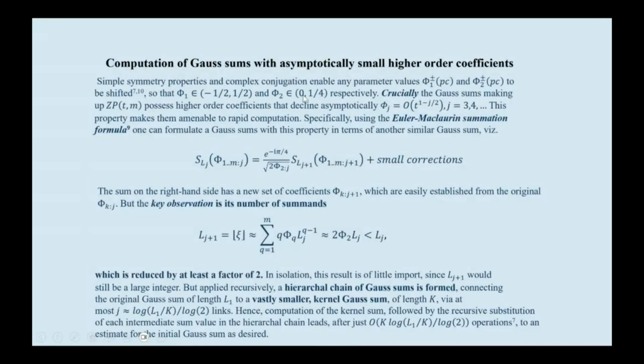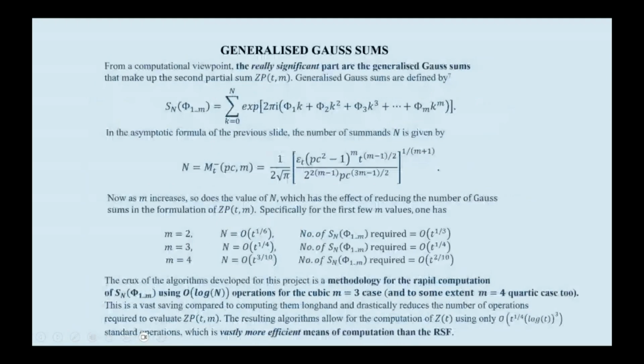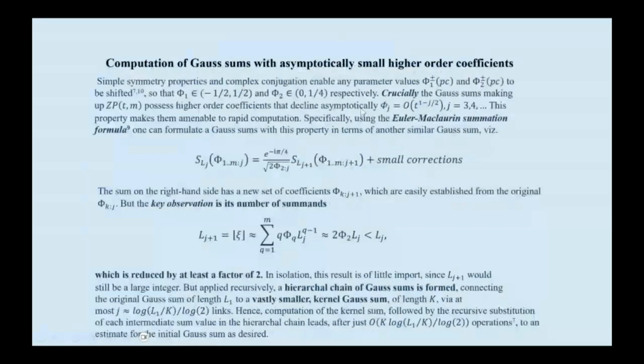Now, the really crucial fact is that in the remaining coefficients in the Gauss sums, the higher order coefficients decline asymptotically with t. So if we go back, we start with Phi3, this is much smaller than Phi1 and Phi2, very much smaller as t gets large.